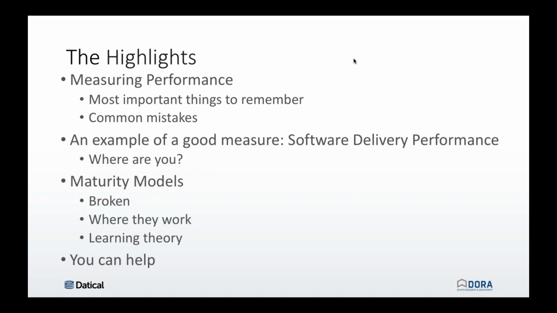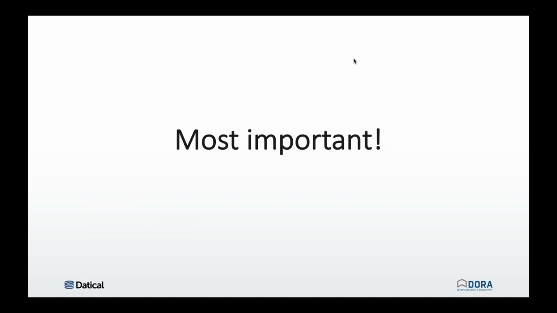Where they just don't work, although I'll give a concession, there's a place where they work. We'll also talk a little bit about learning theory, and then a great takeaway where everyone here can help. So that's our basic roadmap, although I'm pretty sure, Robert, given the two of us, we'll have a couple of super fun tangents. Stay tuned, everybody. We'll see where this goes. So here we go.